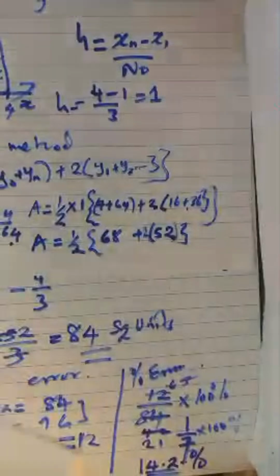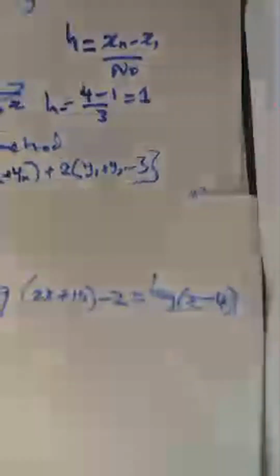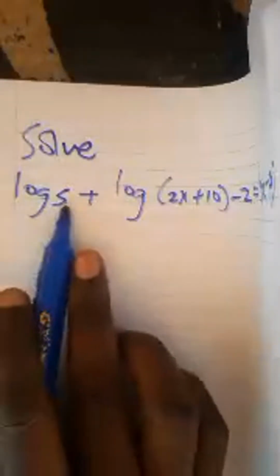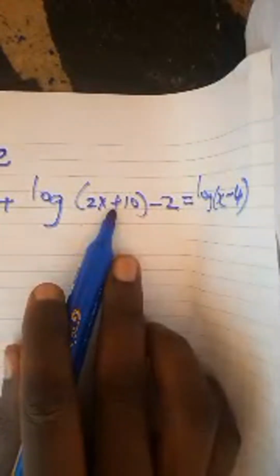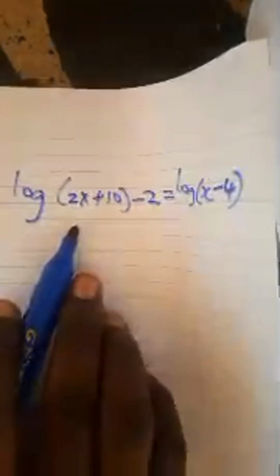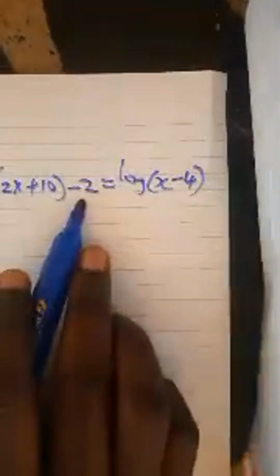So well, I have another question here. I want to see if we can try it out, that we help each other. So the question is saying, I'm required to solve log 5 plus log (2x plus 10) minus 2 is equal to log (x minus 4).